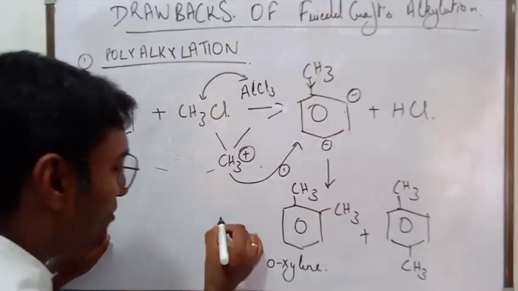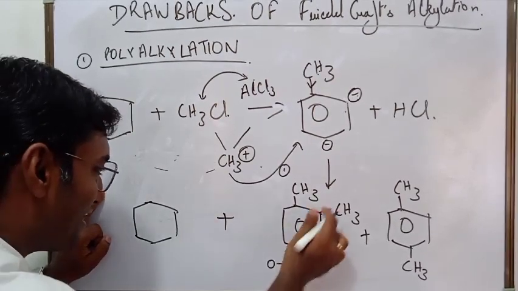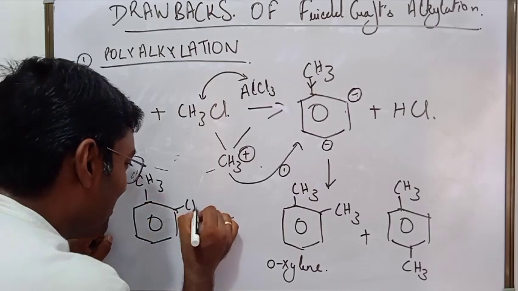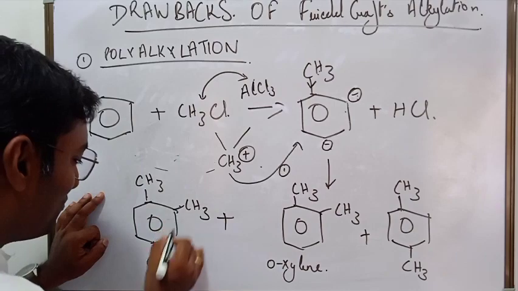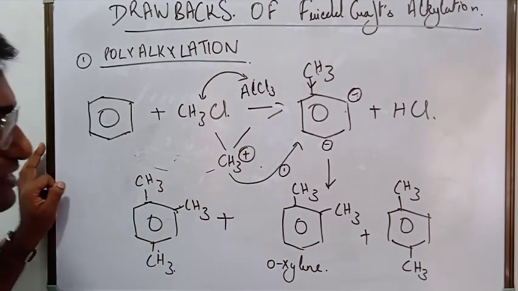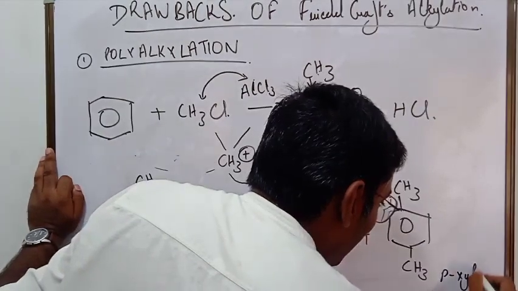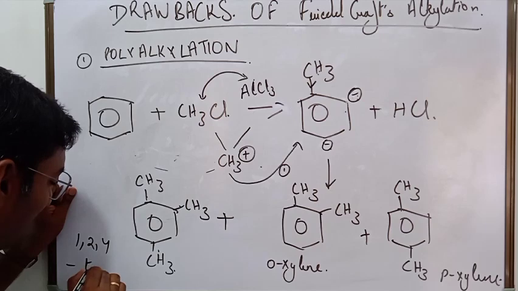Or one more product can be formed, where attack happens at both positions. So what you will get? Something like this. What is it? 1,2,4-trimethylbenzene. So you can get orthoxylene, paraxylene and 1,2,4-trimethylbenzene.